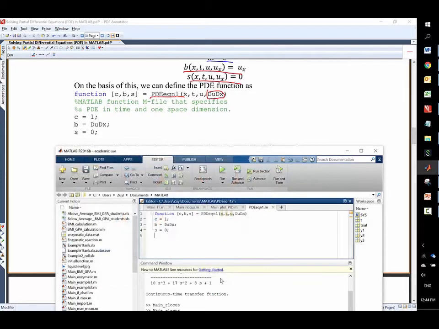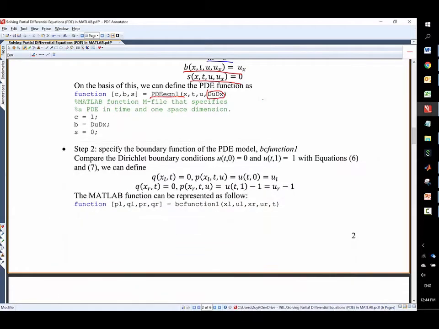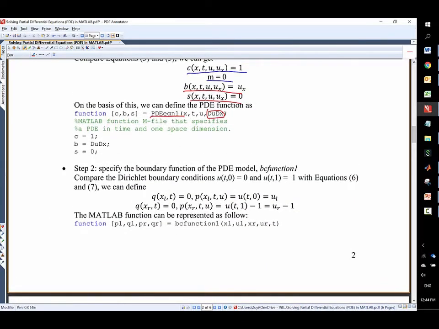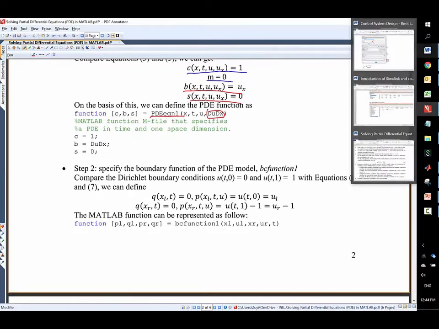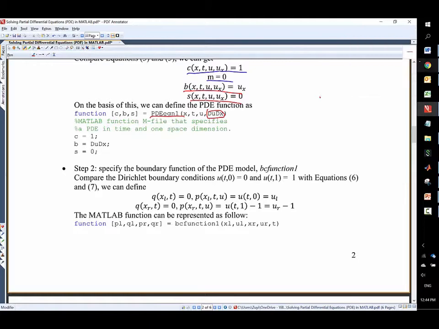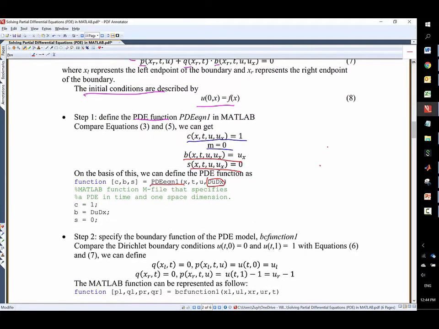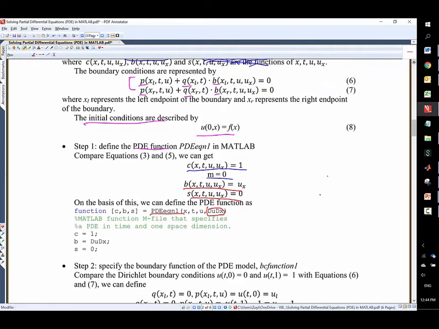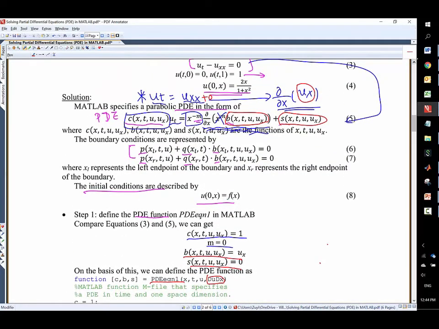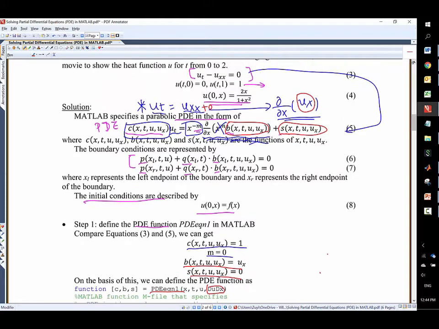So we are done with the PDE model. Now let's work on the boundary condition. Let's take a look at the first one.